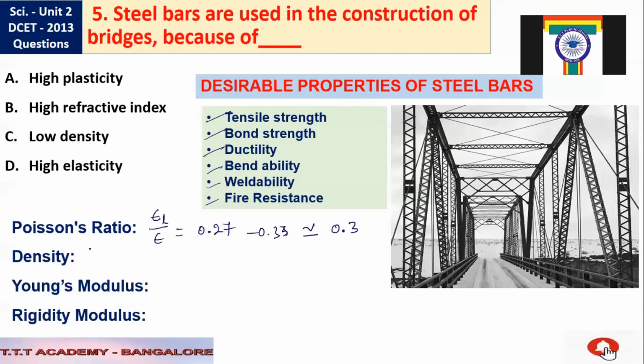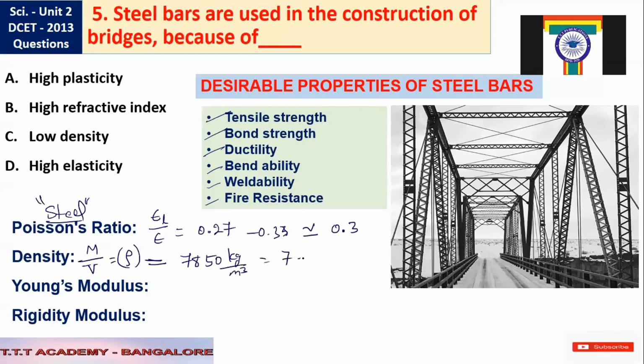Density is mass per unit volume, which we denote by the letter rho. These are the values we are writing specifically for steel material. The density of steel is around 7,850 kg per meter cube. That means it is equal to 7.85 gram per centimeter cube.